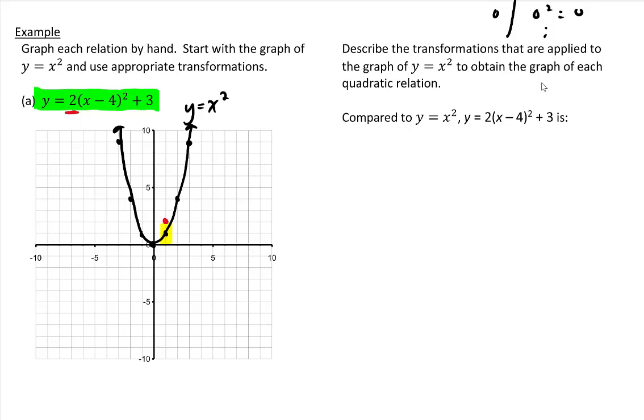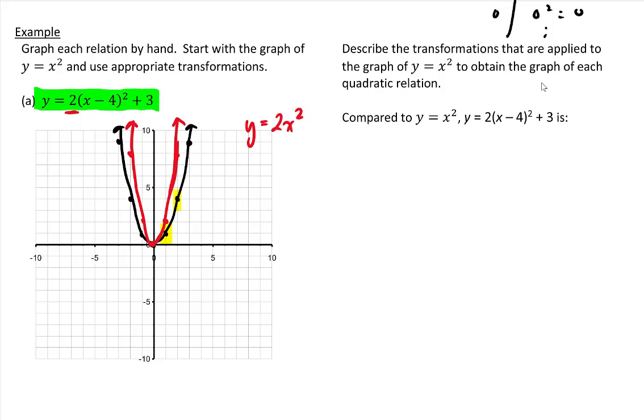Going to the next point, y equals 4 in that point. If I double that, I get 8. And then do the same thing on this side, multiply the y values by 2. And 0 times 2 is 0. So this is what we call the stretched graph of y equals x squared. I multiplied all the y values by 2. So the red graph is y equals 2x squared.